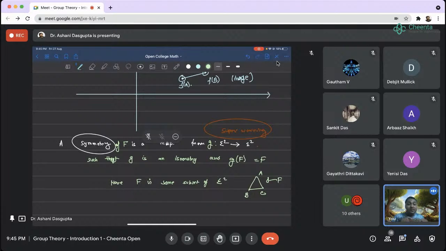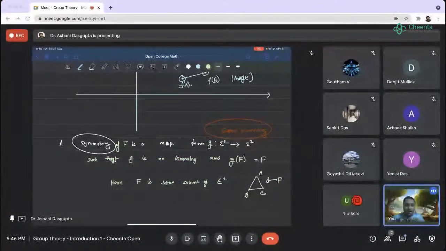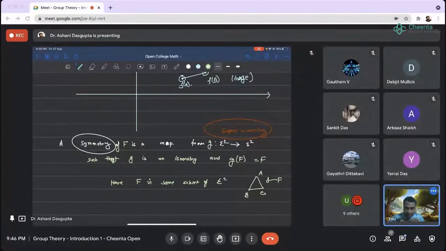The map's name is G, and G is an isometry, so it preserves distances, and the image is also the same thing as the object. That is what a symmetry is. In our context, we will be happy with this. There are more complicated definitions of symmetry. We are not going to talk about them at the moment.